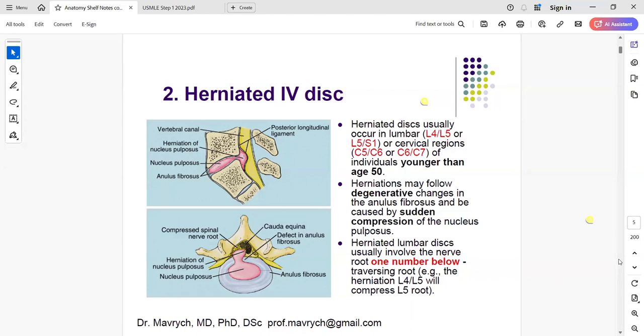So if there is a herniation of L4, L5, the compressed root would always be L5. So you always go in descending order when you have to answer this particular question, right? Because a lot of people confuse it and say, oh, L4, obviously, if L4 is degenerated and it shows in the MRI, then yes, L4 is the nerve which is being compressed. So that is the wrong answer. Always go one nerve down.